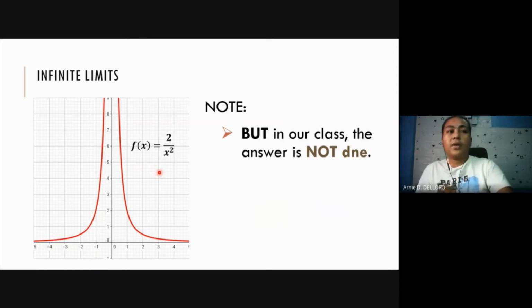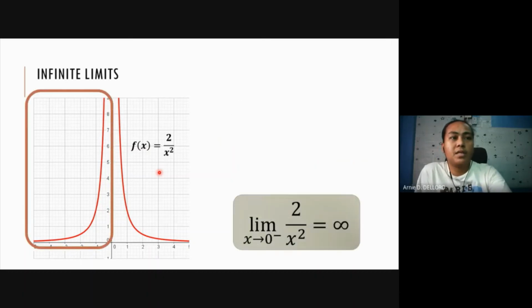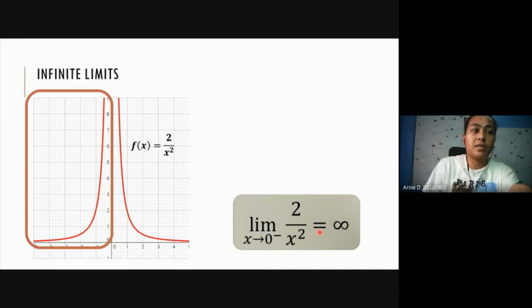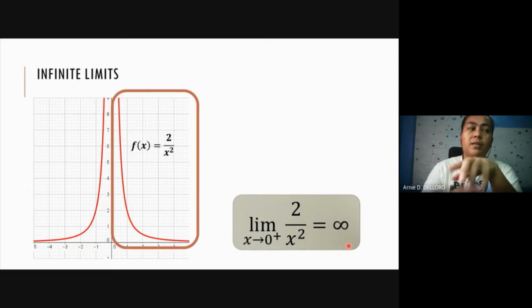Okay, so sabi dito, in our class, the answer is not D and E. But instead, okay, kung titingnan ninyo yung limit of the function from the left of 0, di ba, is positive infinity in this case. Yung right-hand side limit or yung graph or behavior ng graph ng function from the right, di ba, increasing din siya.